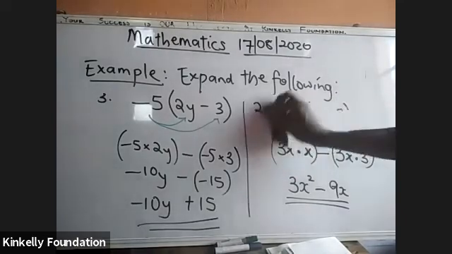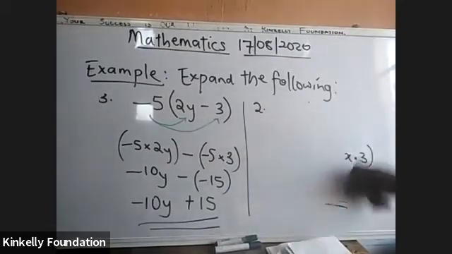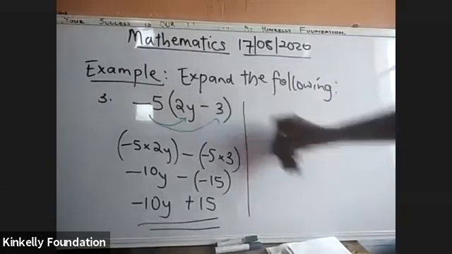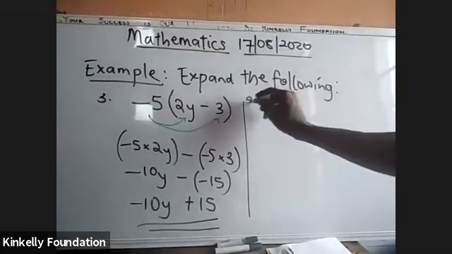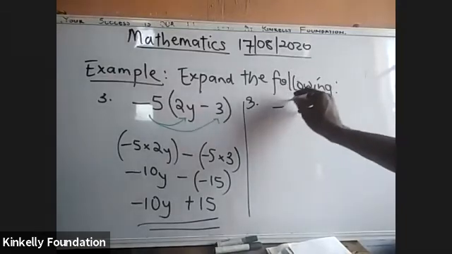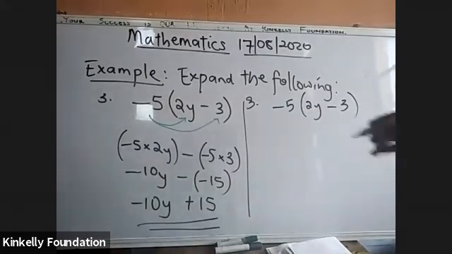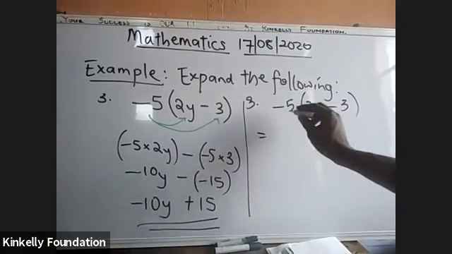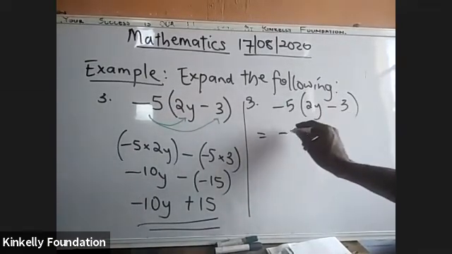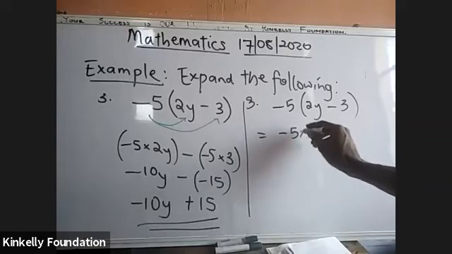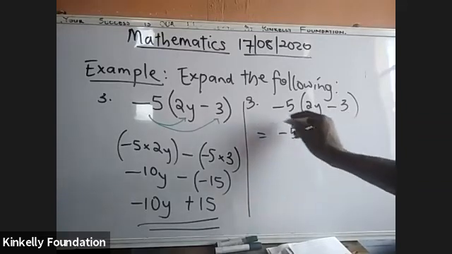Now, in this case, you can redo this particular one we just did. This minus 5 times 2y minus 3 can also mean minus 5 times 2y.